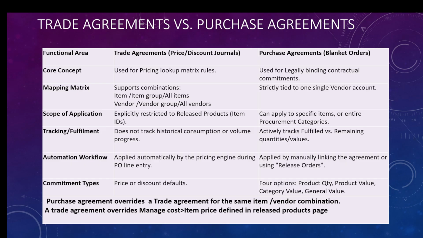Okay, now having said that, this is the end of the concept session on trade agreement and purchase agreement. Now let me get into the application and start creating a simple trade agreement, and then create a purchase order, and then see how it works out.